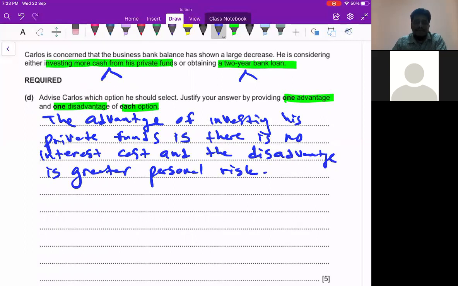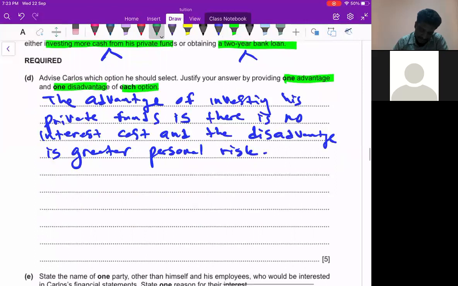Okay, greater personal risk. Or you can say, yes, Shannon is correct, maybe your private fund is not enough to invest. If you got means, okay lah. If you don't have enough means, you have no choice. You need to take the bank loan. So this is the one paragraph.